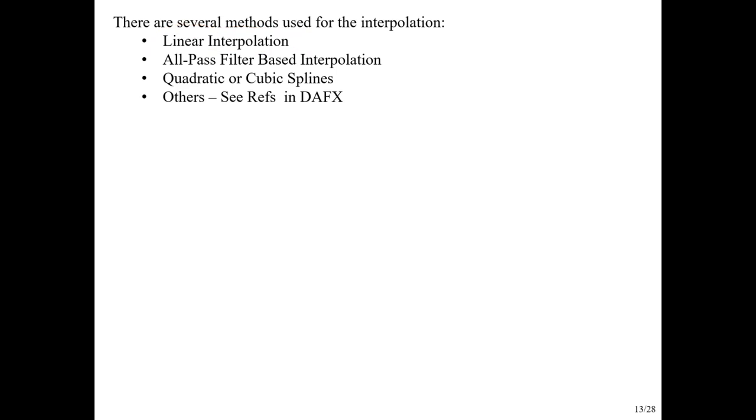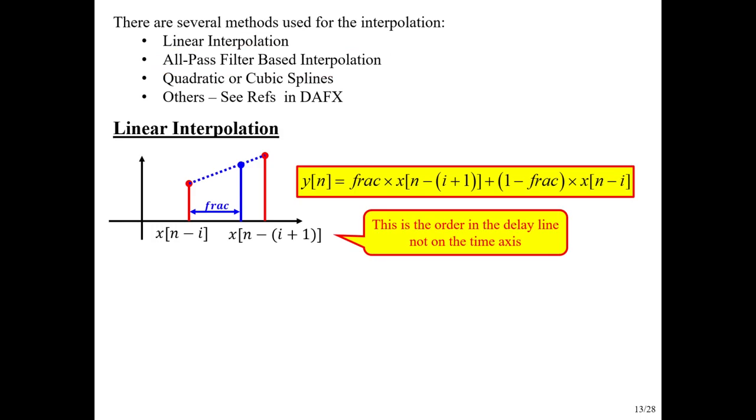And then we'll see some other approaches based upon an all-pass filter, based upon things called quadratic or cubic splines. And then there's other approaches. And if you want to see those other approaches, you can go to the DAFX book. But I'm going to make an argument in subsequent slides here that you'll do okay with that. But you can do what you want.